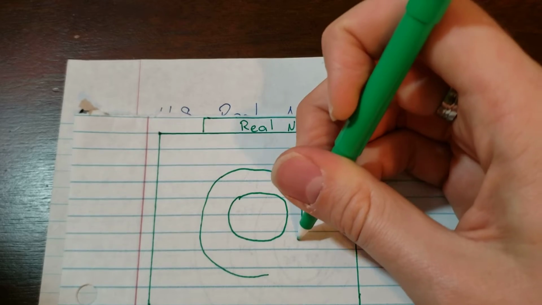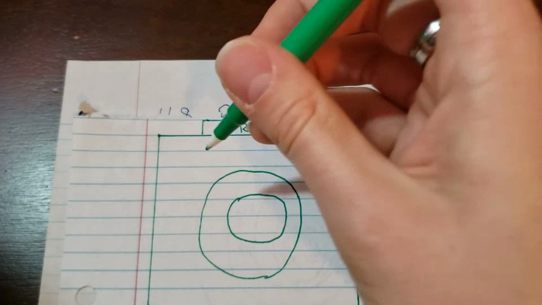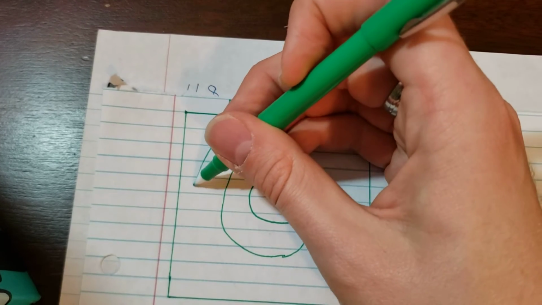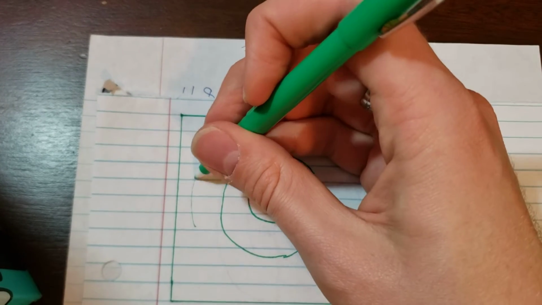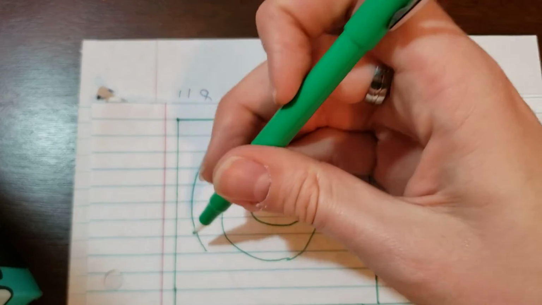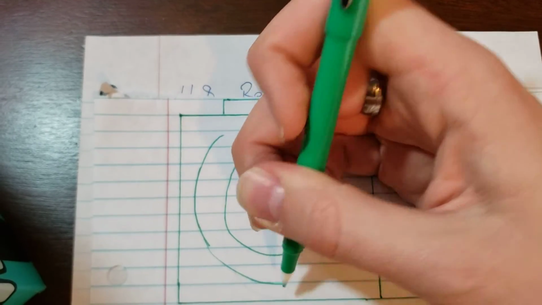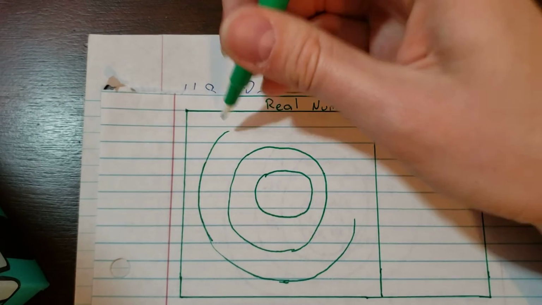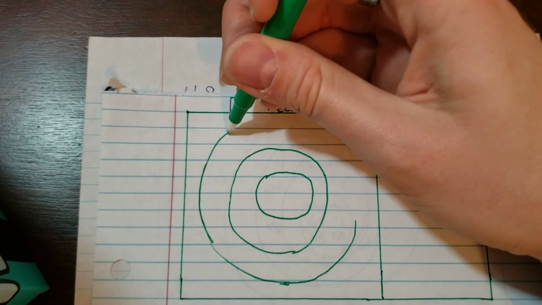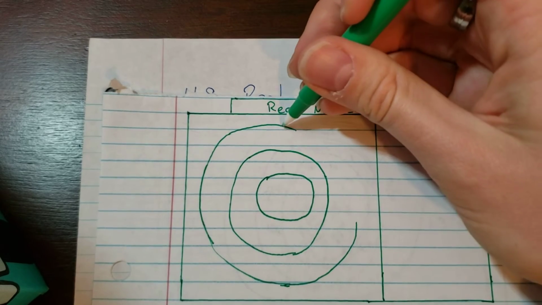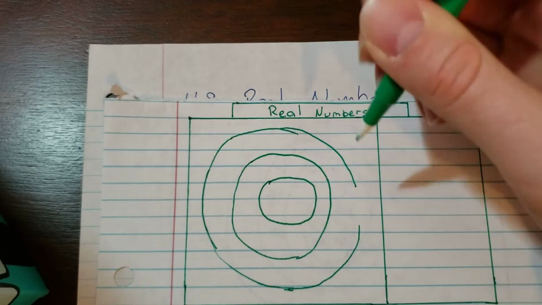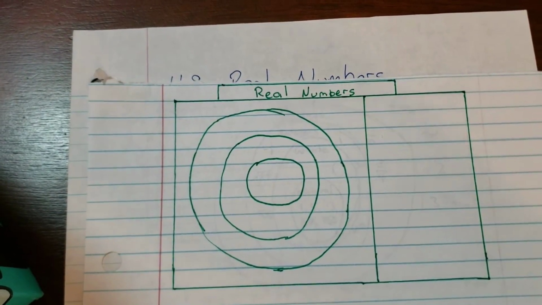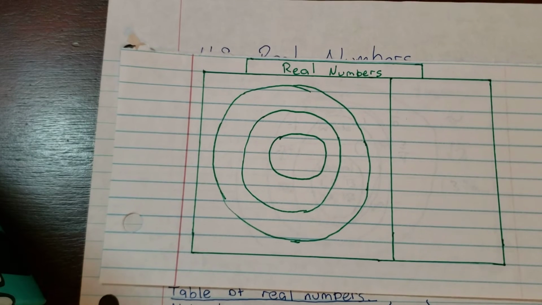Not as good, but you get the idea. And then a third one here. You do want to leave space outside this third circle, so don't fill up the box all the way. Okay. It's not great, but you get the idea.